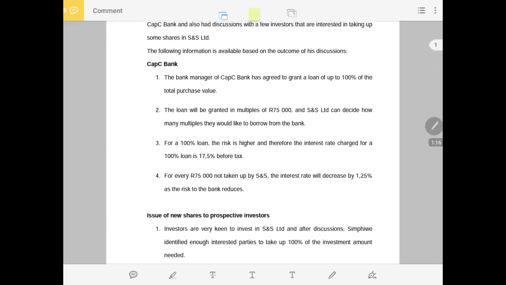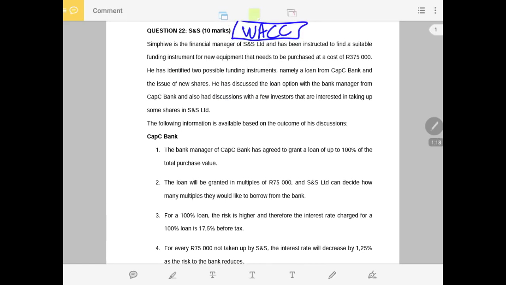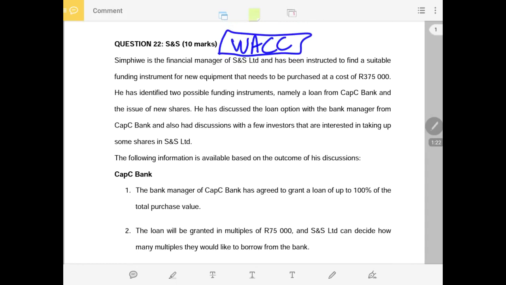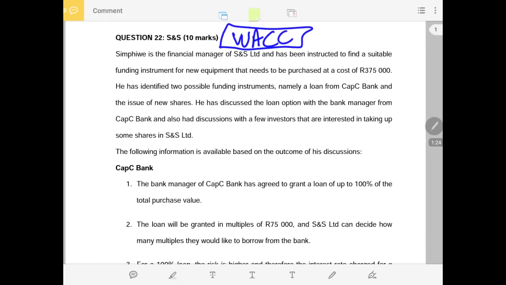So now it says Simpiwe is a financial manager of S&S Ltd and has been instructed to find a suitable funding instrument for new equipment that needs to be purchased at a cost of 375,000 rands.